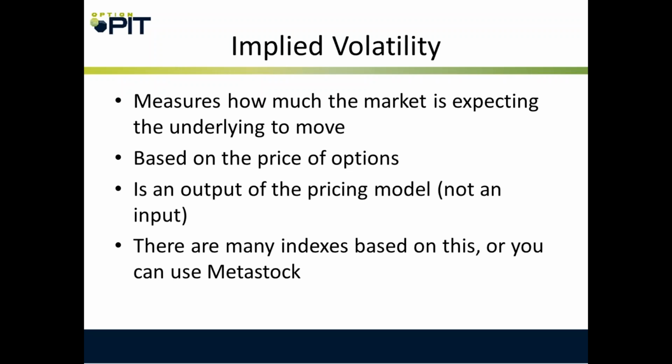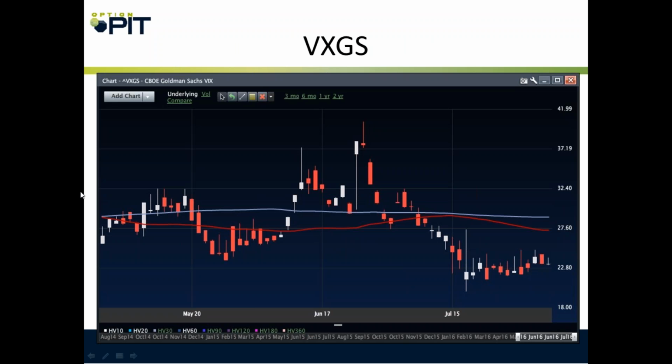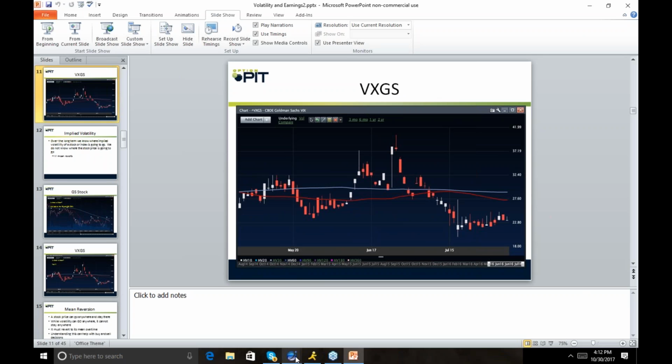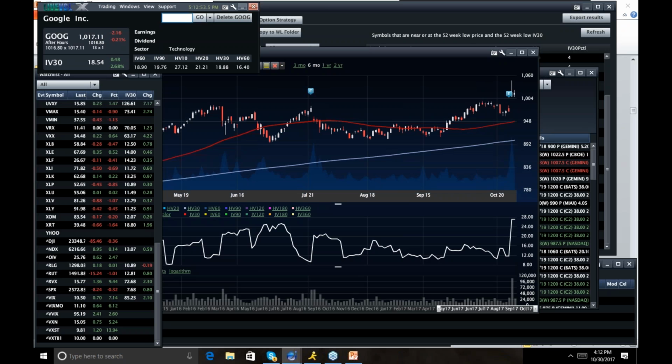The rest are really backward-looking. There are all sorts of ways to use it. I can use LiveVol, MetaStock, Bloomberg, you name it. But the key is it's an output of the pricing model. So here is VXGS. That's the VIX of Goldman Sachs. I can pull up a more recent one here.